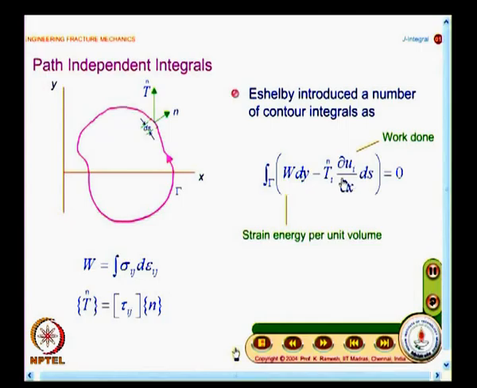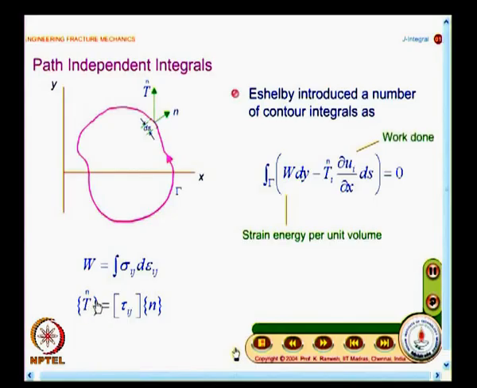So, both you will have essentially 2 terms for this, and if you go and really find out what is this T n, you get that from the Cauchy's formula. We have T n equal to tau i j multiplied by the direction cosine vector n. So, if you really look at this for a 2 dimensional situation, you will have 2 terms for each one of T 1 n and T 2 n.